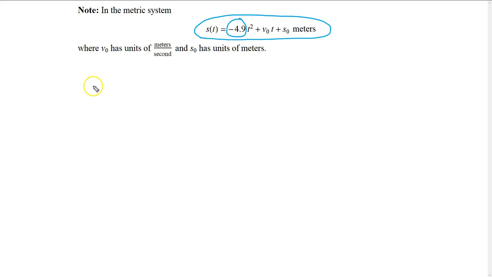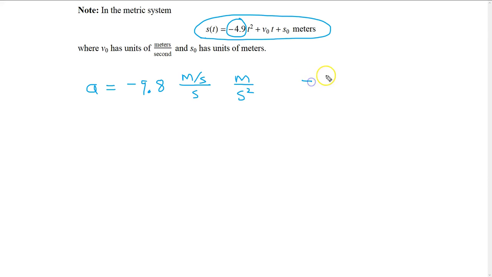That's because near the surface of the Earth the acceleration is approximately negative 9.8 meters per second squared. And when you take the antiderivative of this twice, you're going to divide this by 2.